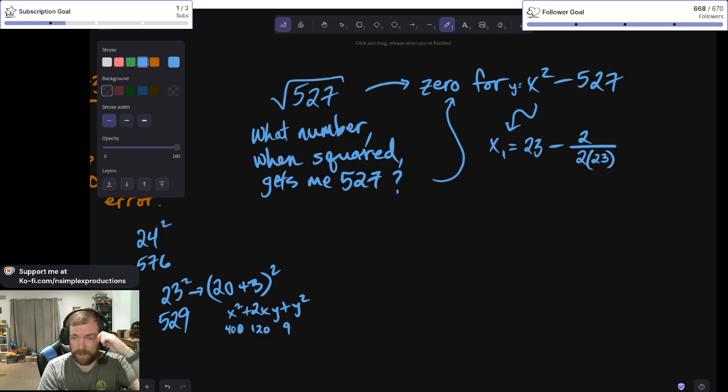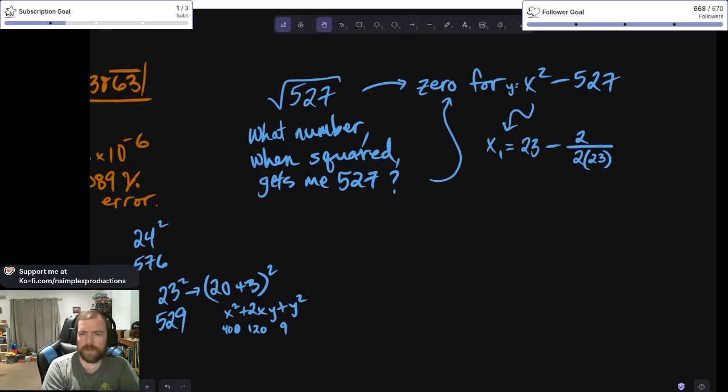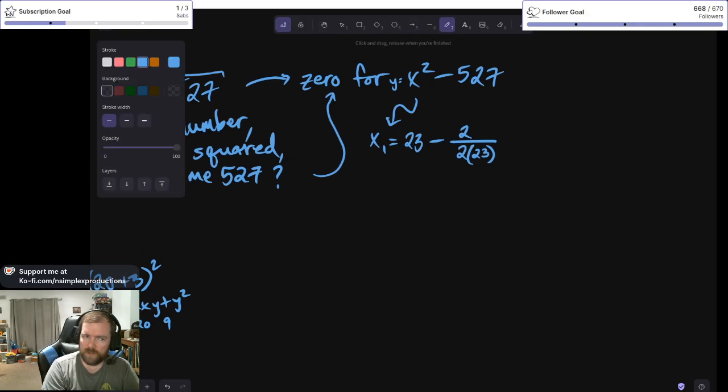So this ends up being, if we were to simplify this to what operations you're doing in your head real fast, this is whatever x value you're currently at.